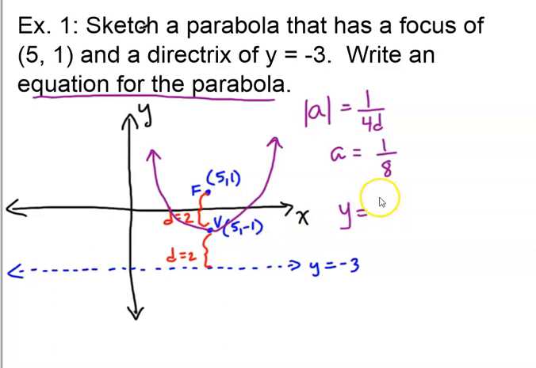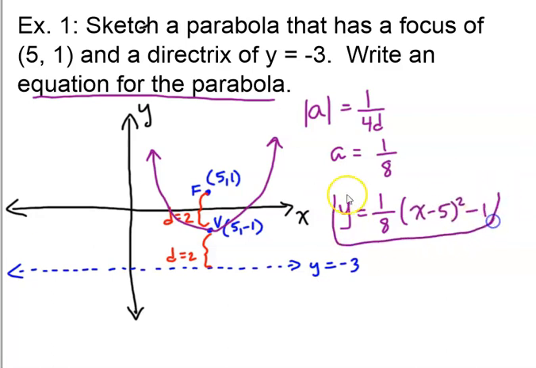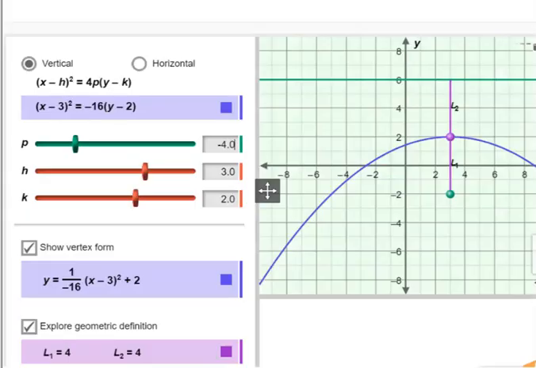All right, so hopefully you wrote your equation. Got our a value. And then our shift right 5 units and down 1 unit. All right, so there's our equation. Now in our last example, we're going to look at a form that is a little unfamiliar. This is our vertex form. This is a form that's unfamiliar, but it's the same information.